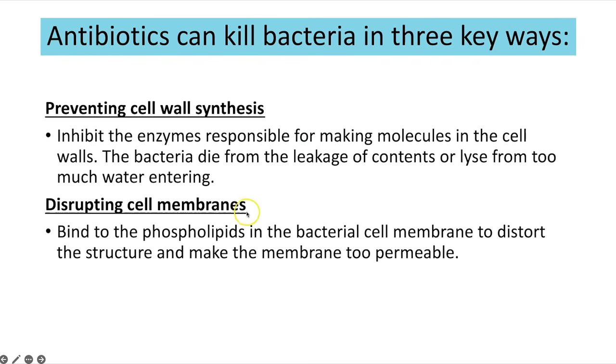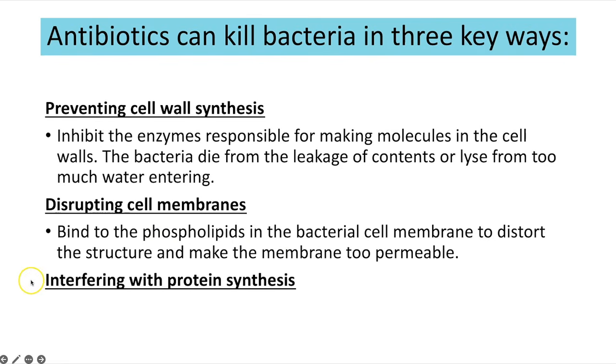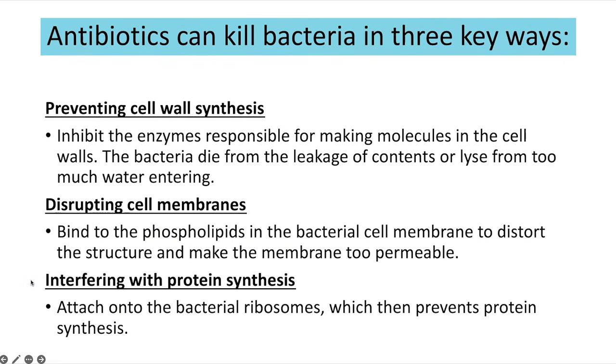It could bind to the phospholipids in the bacterial cell membrane to distort the structure, and it makes the membrane too permeable so it bursts and therefore the bacteria die. And the final way is they can interfere with protein synthesis. It can attach onto bacterial ribosomes, which prevents protein synthesis, and therefore if the bacteria don't have the proteins they require, they will end up dying.